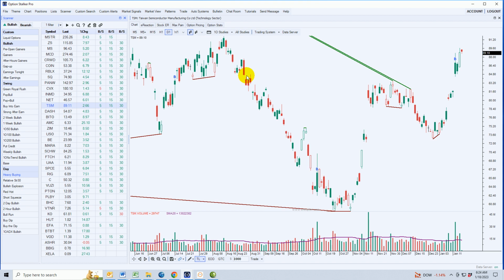There aren't many of them. Well, you've got to search the universe of 3,000 stocks because TSM might be working really, really well right now, but it might be garbage in another 6 months when it comes to drawing trend lines. There are other stocks. I'm just pulling a name out of the air.